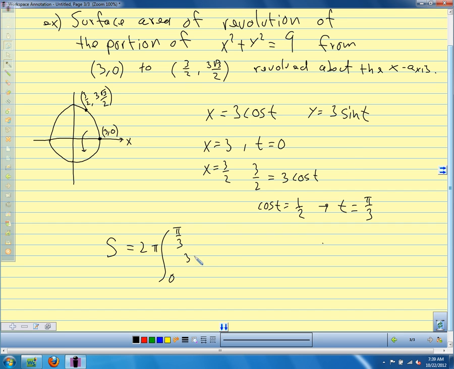So our radius is 3 sine t. And then we have this big radical, x prime squared plus y prime squared. So we have minus 3 sine t squared plus 3 cosine t squared dt. And thankfully this simplifies nicely.